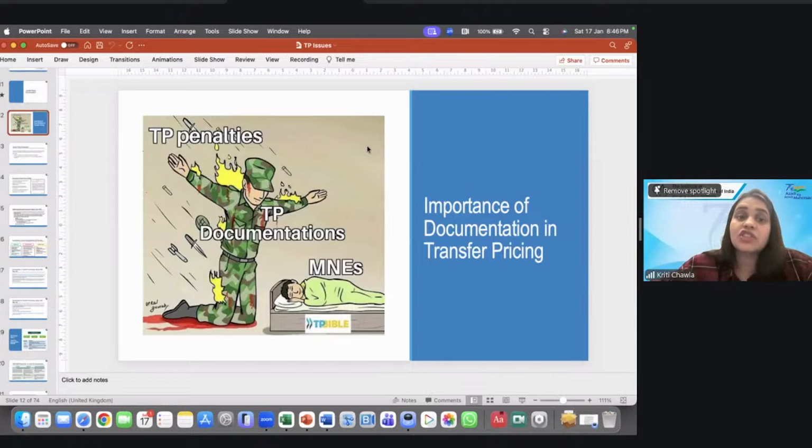So you may not have something extensively available, but at least you know how you are justifying that transaction. However, if you're using the TNMM method, it's always beneficial to maintain a TP study, even if the transactions are less than 1 crore rupees. You can have the calculations and the benchmarking exercise provided there. But it's the requirement of law which says maintenance.